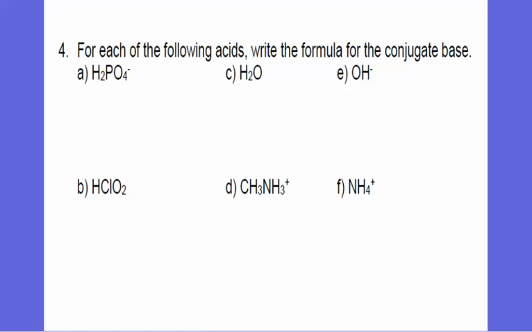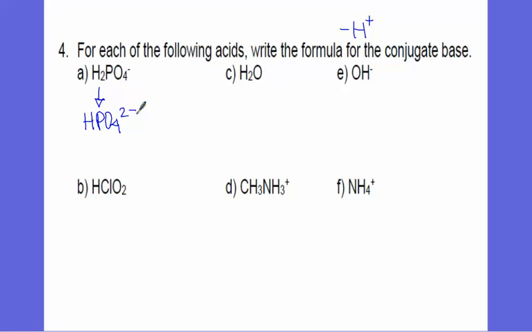So for all of these, we're going to take away one hydrogen ion. Let me show you for this first one. So H2PO4 minus, if we remove one hydrogen ion, it would become HPO4 2 minus. Do you see how I did that?